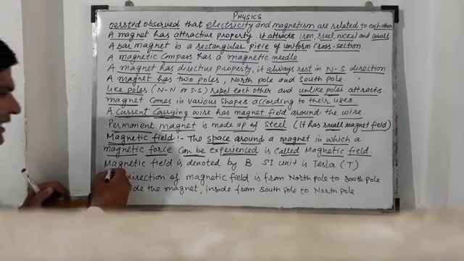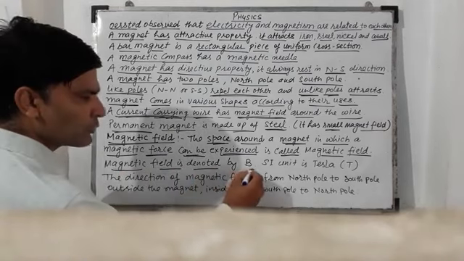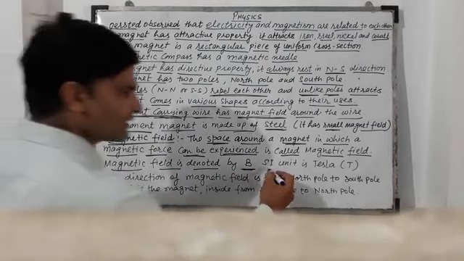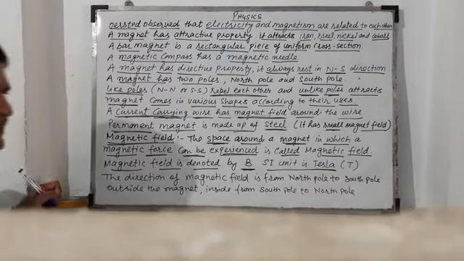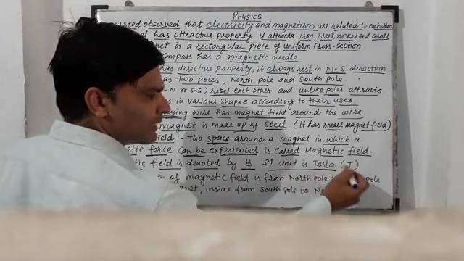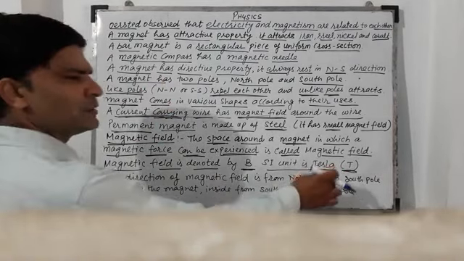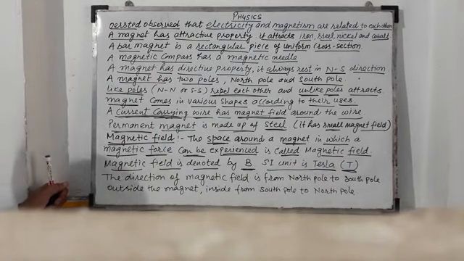Magnetic field is denoted by capital B. The SI unit of magnetic field is Tesla, denoted by capital T. This is based on the name of a scientist.